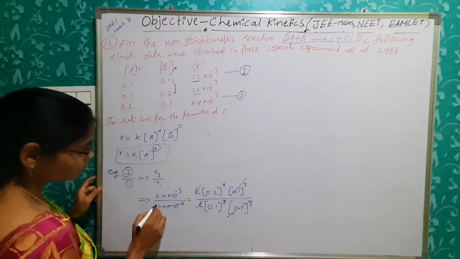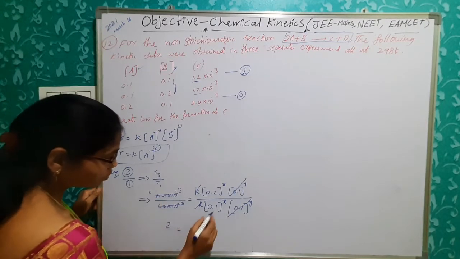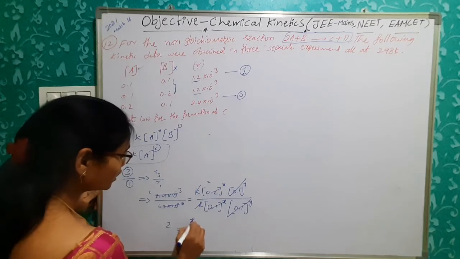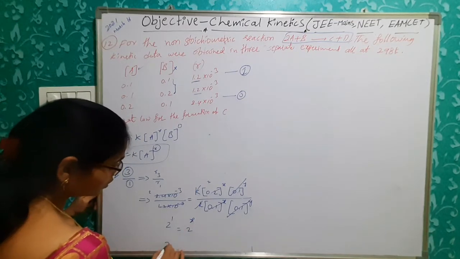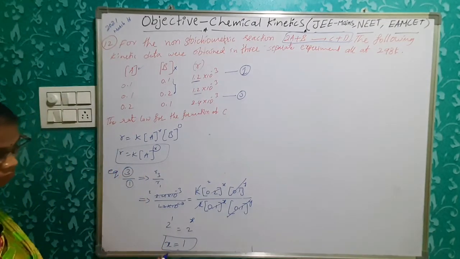So this is almost 2 times. So 2 is equals to 2 power X. So simply what you get, order with respect to A is 1.